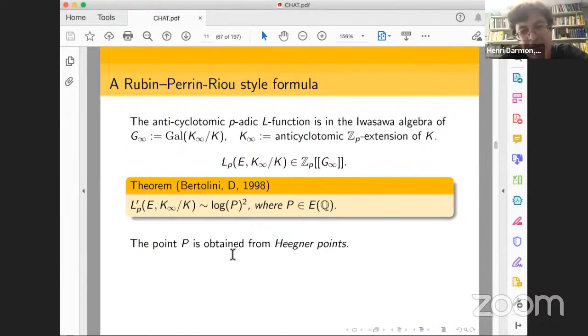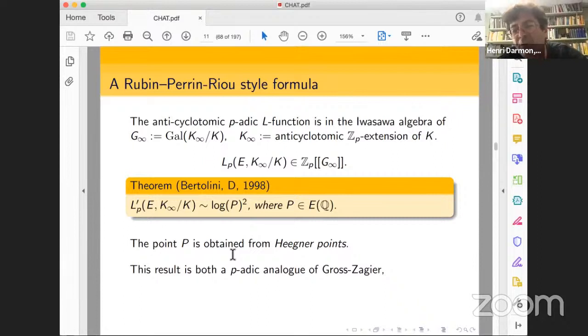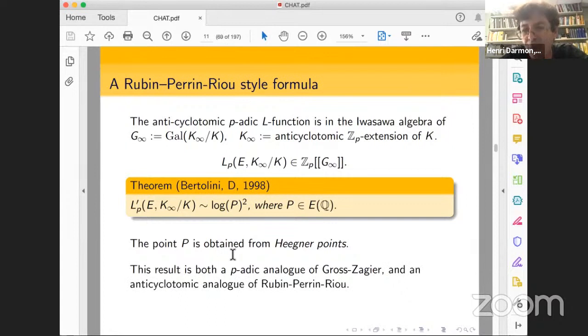Okay, so of course the setting immediately suggests that, since we're working in this anti-cyclotomic setting, this result can be viewed as a p-adic analog of the Gross-Zagier formula, although it wasn't the more natural analog that had been obtained much earlier by Perrin-Riou, where a cyclotomic derivative is taken and the p-adic heights of the Heegner points appear. This one had, of course, much more the flavor of these formulae of Rubin and Perrin-Riou.